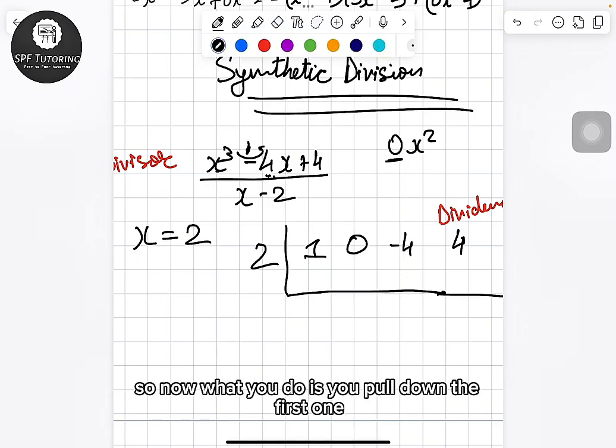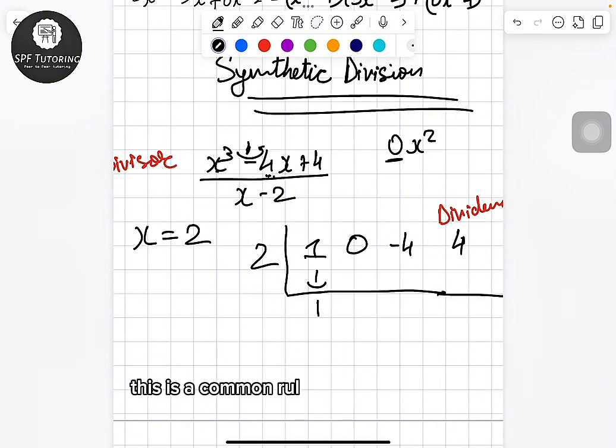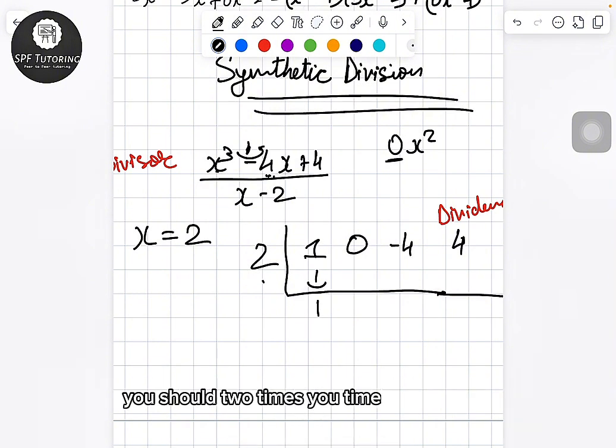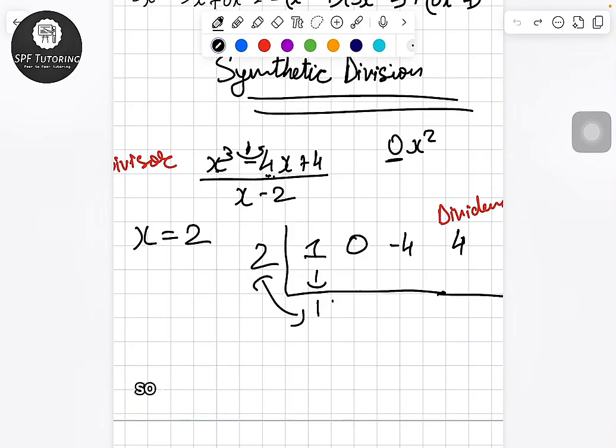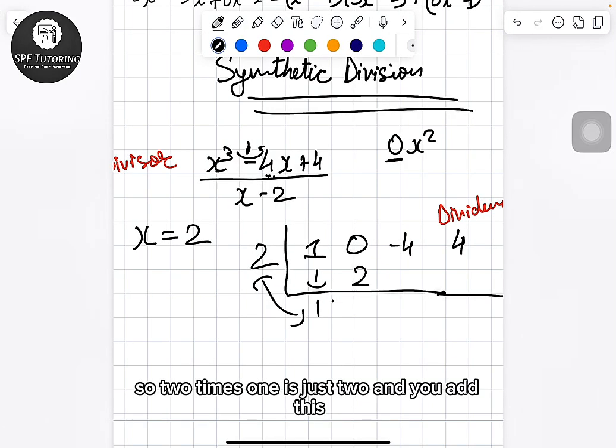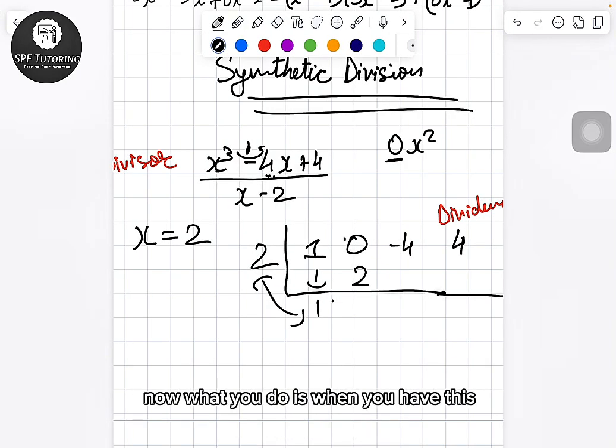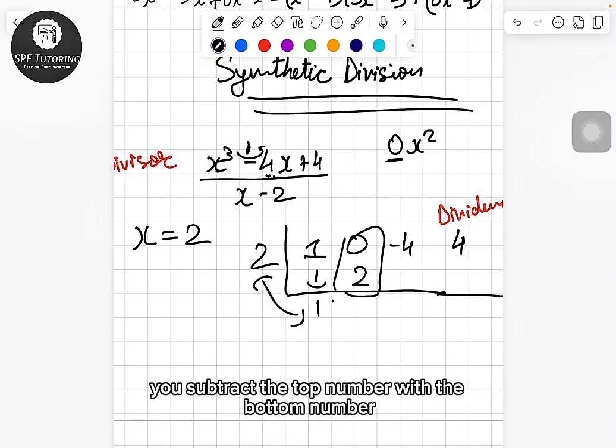So now what you do is you pull down the first one. This is a common rule. It's just 1. You multiply this number by the bottom one, and you go up. So 2 times 1 is just 2, and you have this. Now when you have this, you add the top number and the bottom number.